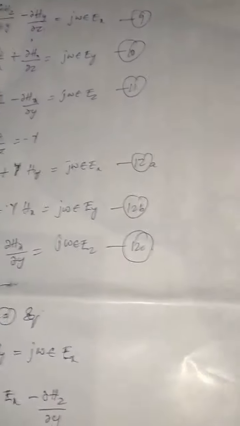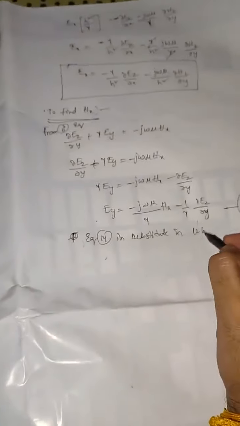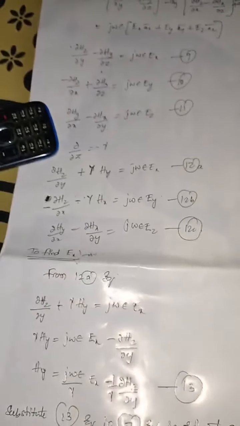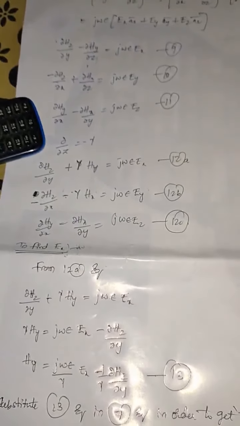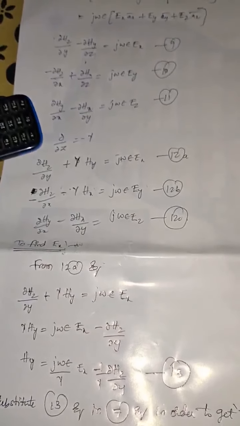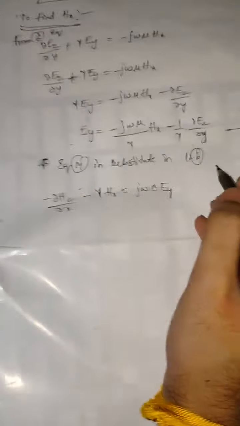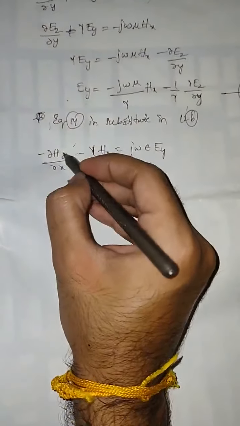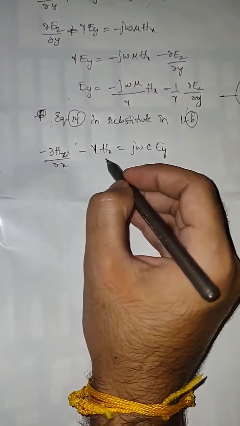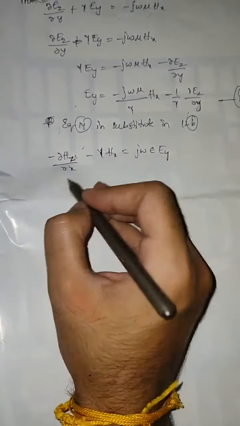in 12b. So in 12b, I am writing down the 12b equation, which is nothing but dou hz by dou x minus gamma hx, which is equal to j omega epsilon ey. Okay, so I have written here dou hz by dou x minus gamma hx is equal to j omega epsilon ey.